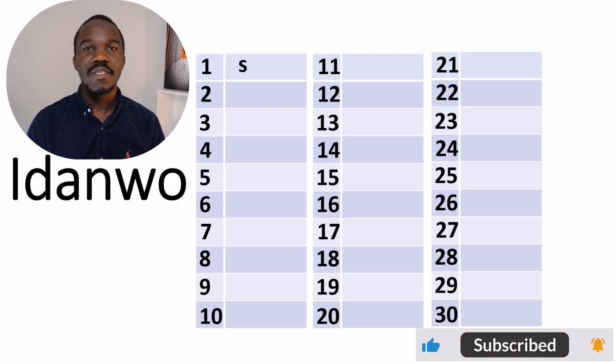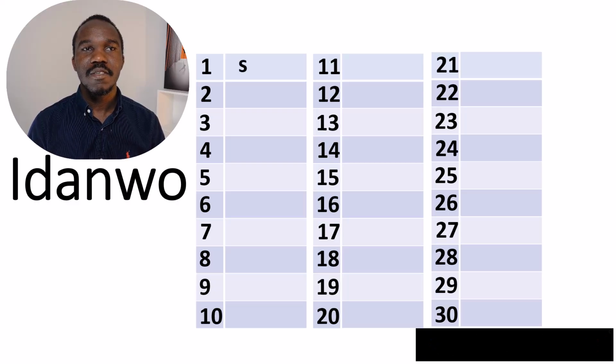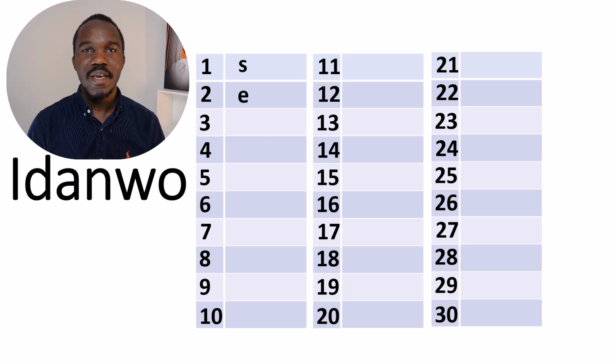One says what? Si. Two says E. Three says Gi. Four says I. Five says Li. Six says Bi. Seven says O. Eight says Ri.